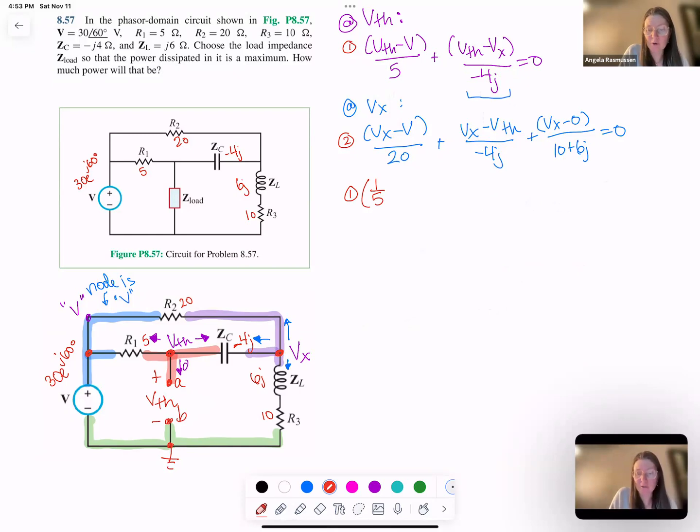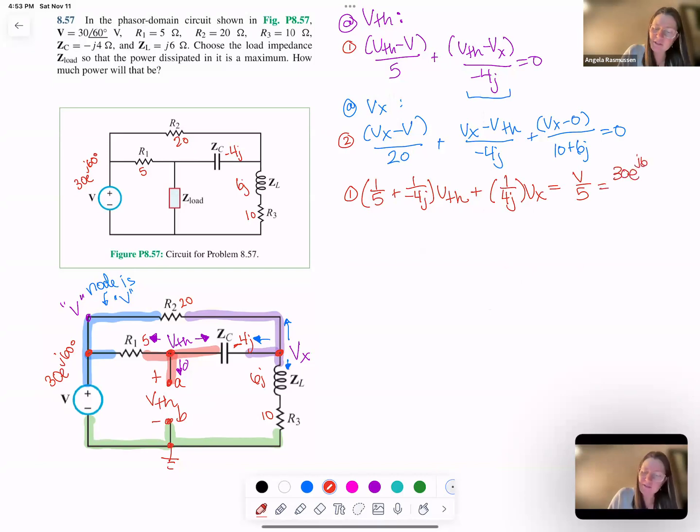So 1 over 5 minus 1 over minus 4j will be my VTH terms. Then I'm going to use Vx as my next variable, so that's a minus over a minus, so plus 1 over 4j, Vx. And my V over 5 comes over to this side, and V is 30 e^(j60 degrees) over 5.